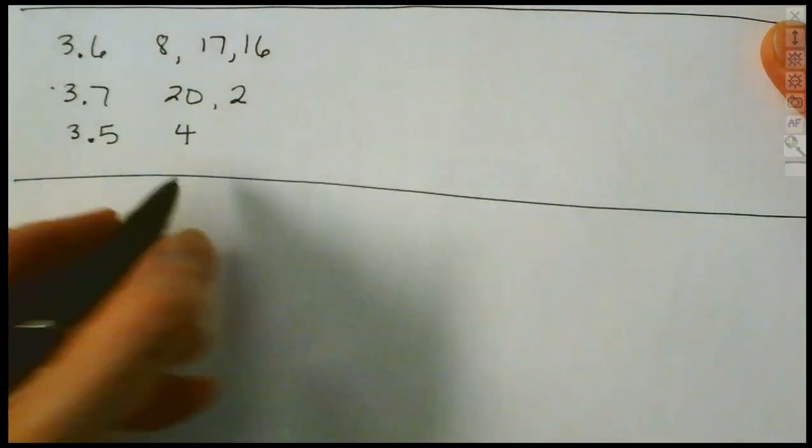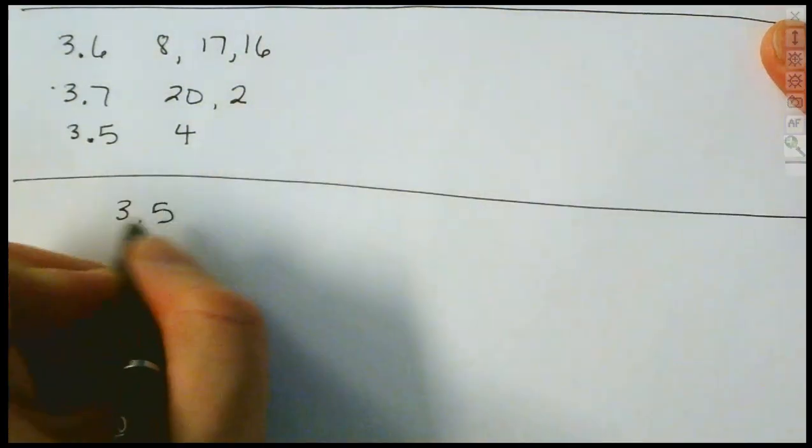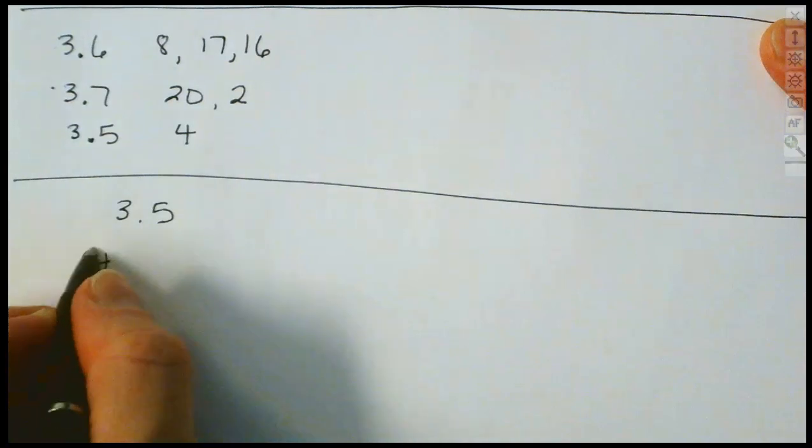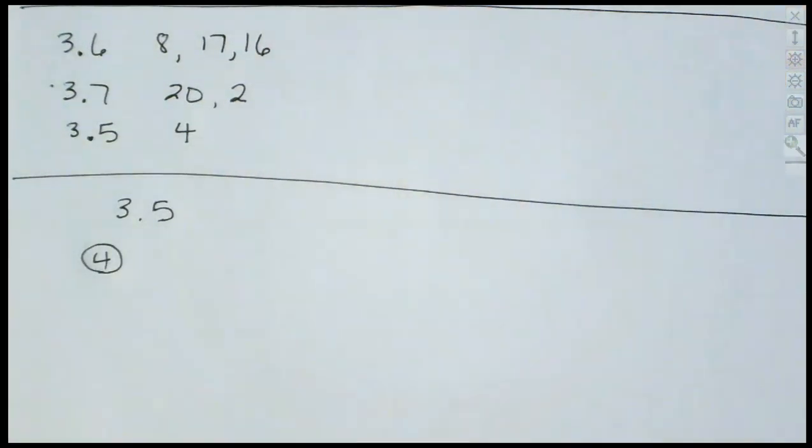And we're going to do 3.5. We'll start with that one, and we're going to look at 3.5, question number 4. 3.5 is finding equations of lines.